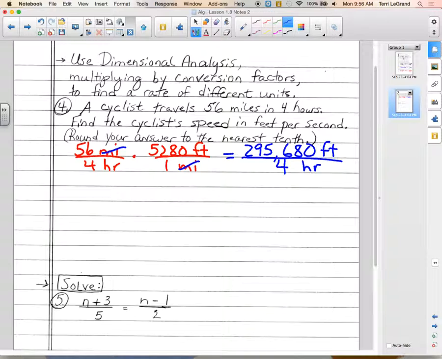So we're going to carry this down to the next line, and I think I'll use green here, and we're going to write this one down, and we don't want to ditch the feet, we want the feet, right? That's what we want in our final answer here. It says feet per second. So we don't want the feet to cancel out anymore.